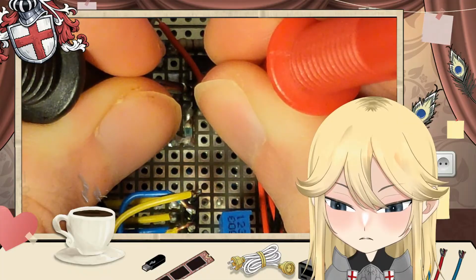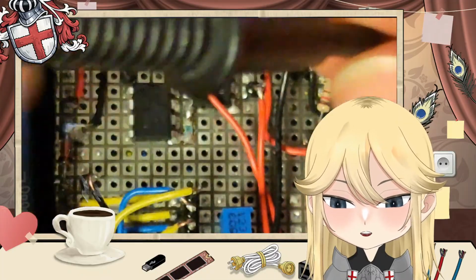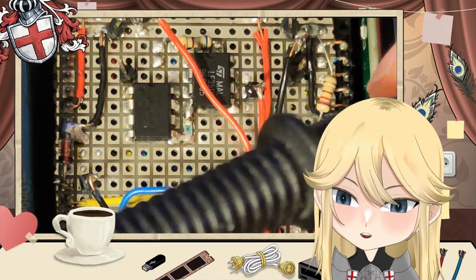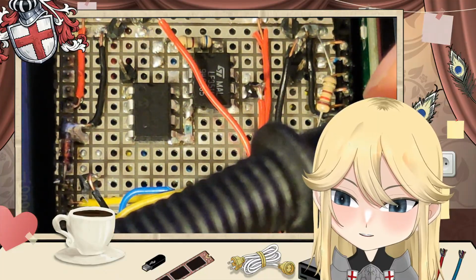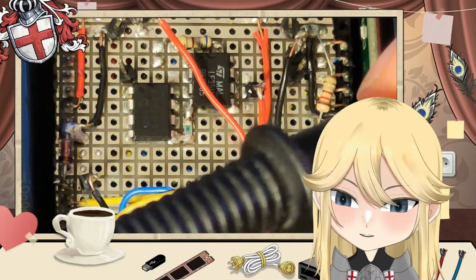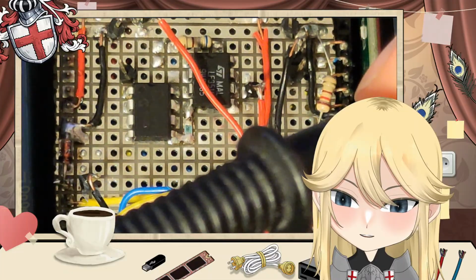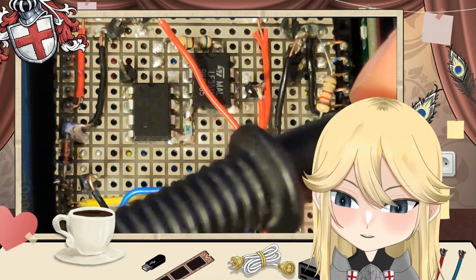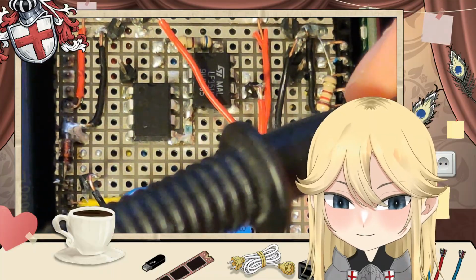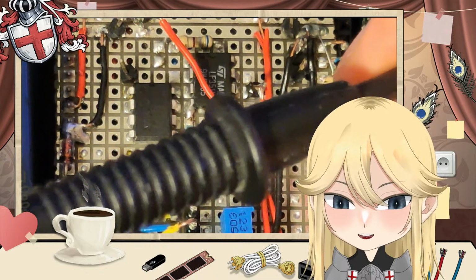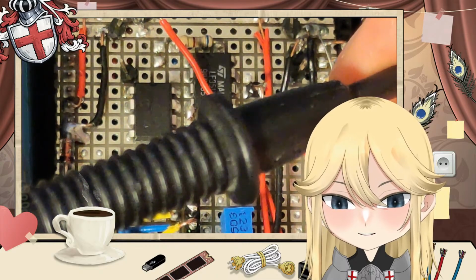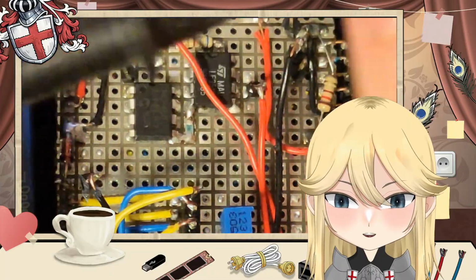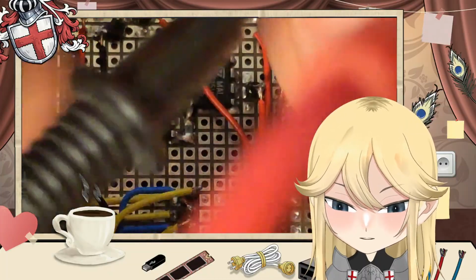Wait, why is this 1.2K? These two pins, does that make sense? Let me check. What? Something's wrong. Wait, is there any connection between these two pins?